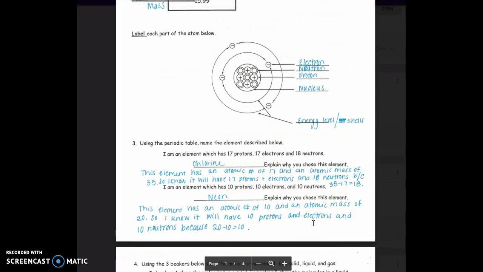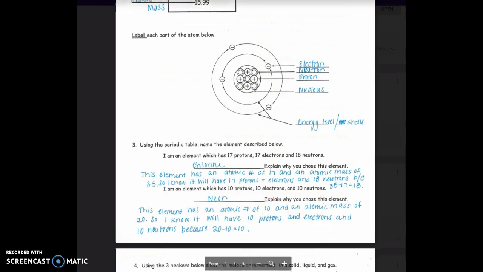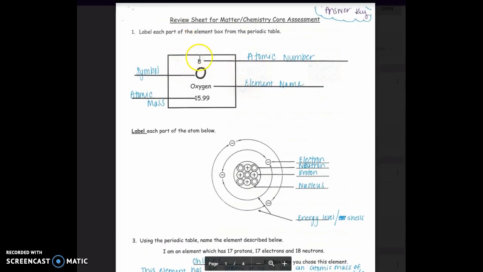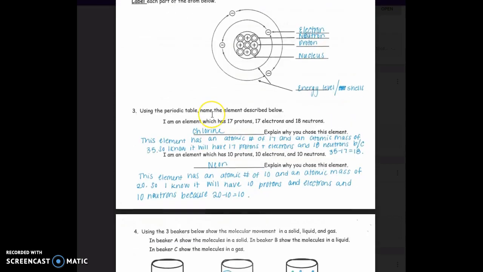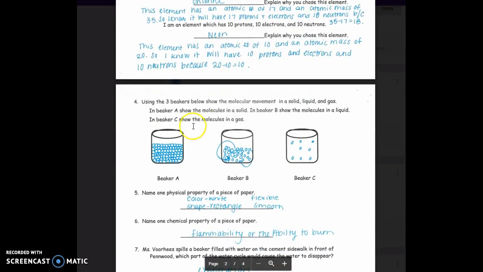So I know it will have 10 protons and electrons and 10 neutrons because 20 minus 10 equals 10. So the number of protons and electrons will be indicated here. And then you have to subtract that number from this number to find out how many neutrons it has.